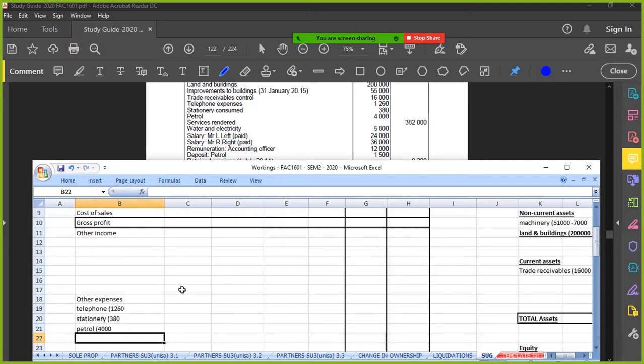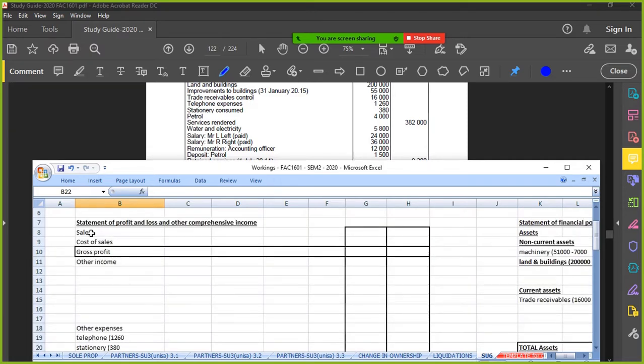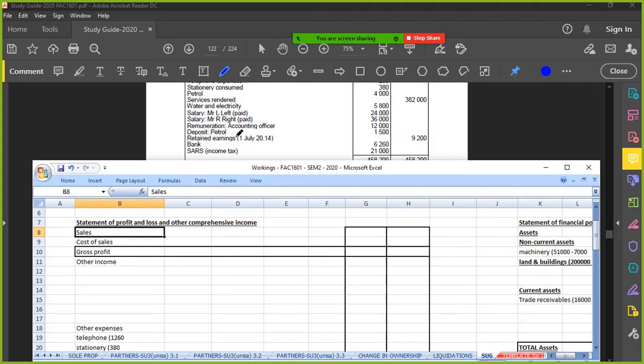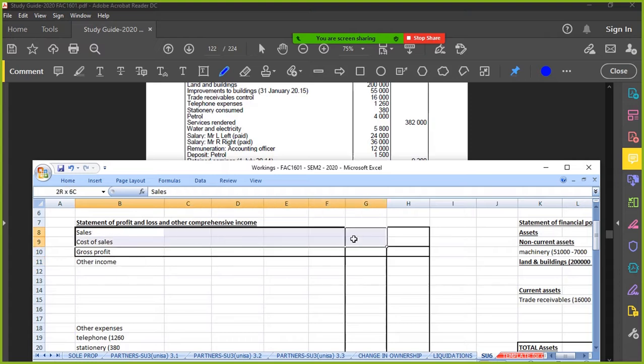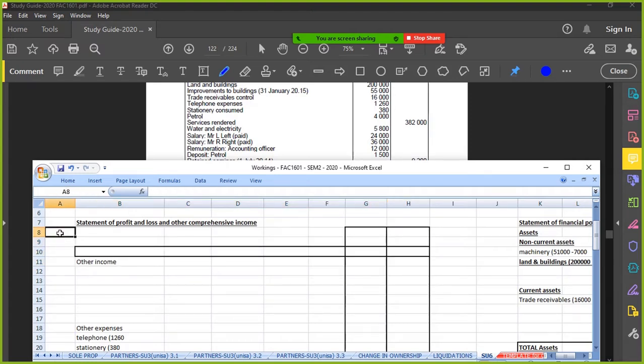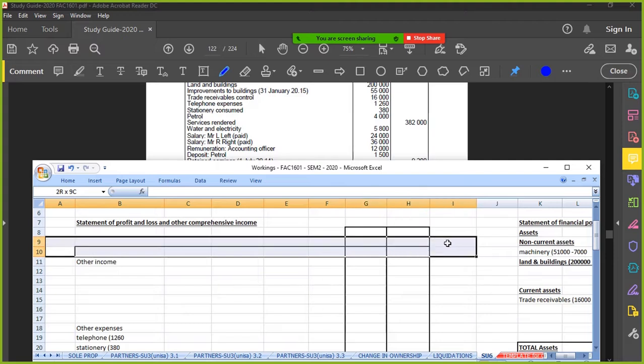Services rendered would be under sales? No. Services rendered is for a service business, it's not sales. Sales and cost of sales is for a trading entity. Services rendered would be services rendered, so it has to be disclosed separately. Looking at that, this business actually doesn't have any sales, does it? No, it doesn't. So it's not a trading entity, it's a service entity. So we can delete all of that and just record it at the top.